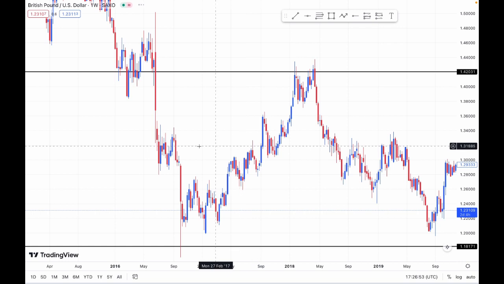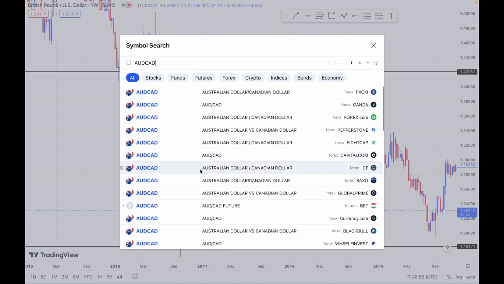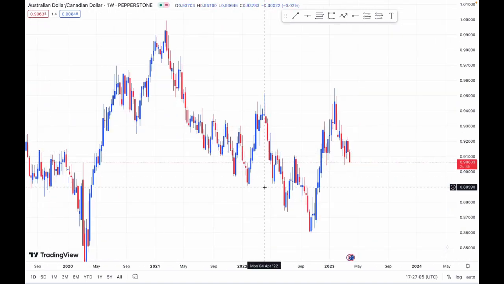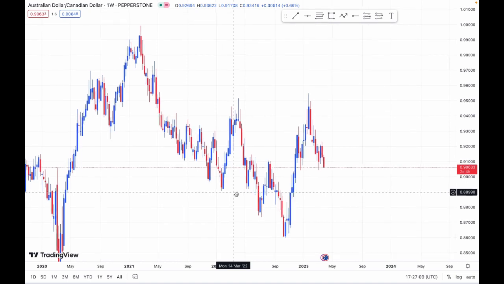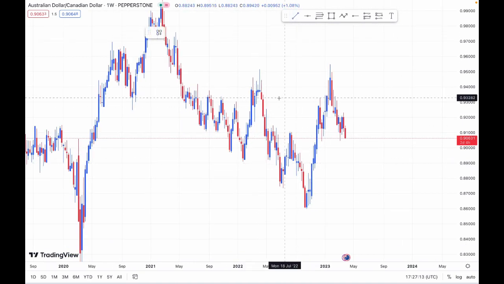Okay, maybe I have to go to another currency pair for this, like AUD CAD. Okay, yeah, here's a falling wedge.